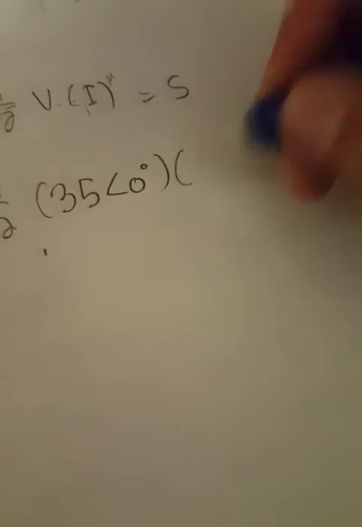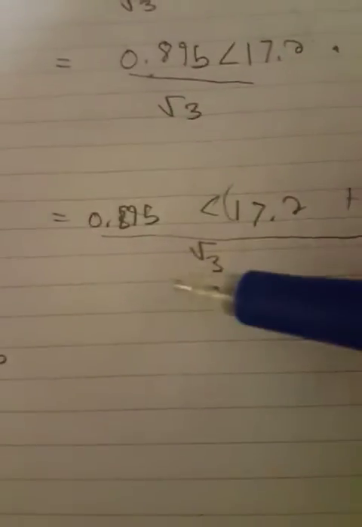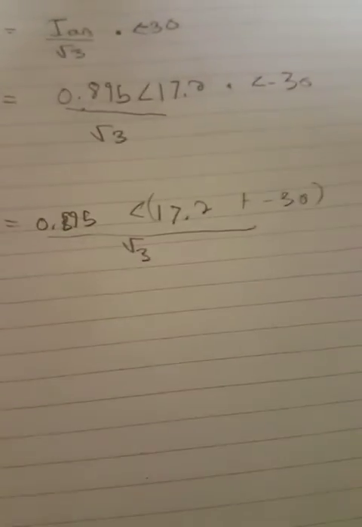And now what is our current? Since we're looking at the voltage source, we're going to use the current across the voltage source, which we already solved right over here. You're going to use this. Let me solve this real quick. 0.895 divided by root 3.